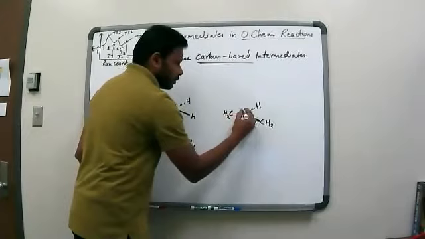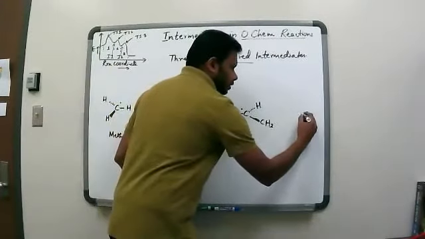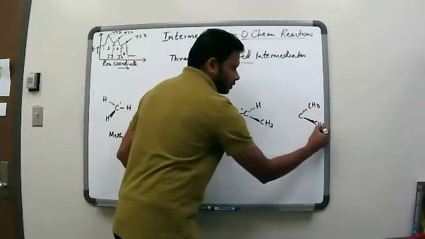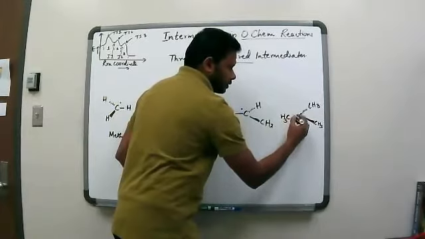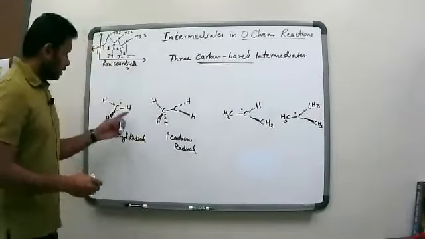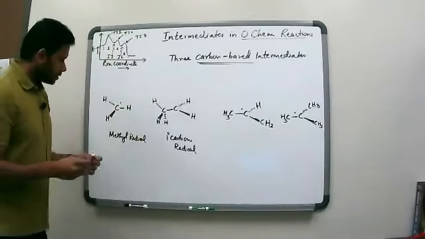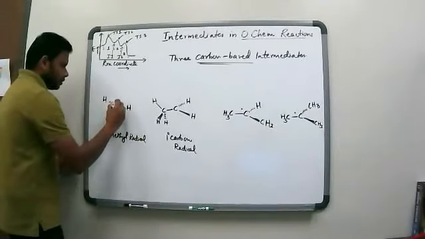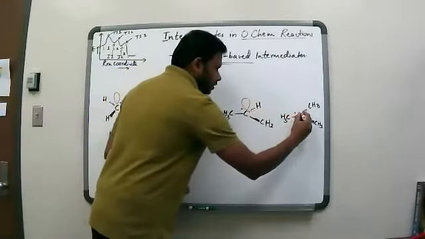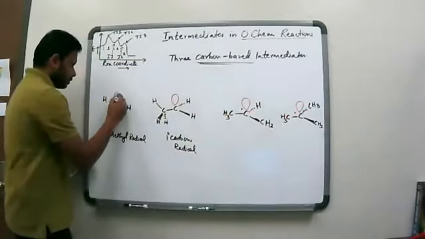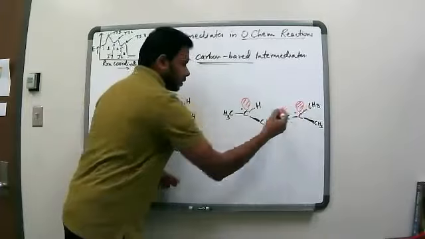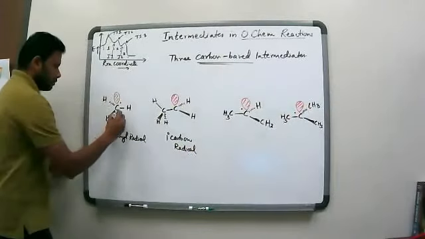We can talk about a secondary carbon radical, and a tertiary carbon radical. And since these are all sp2 hybridized, something that we already worked on, these also have an empty p orbital on those carbon atoms. So the carbon with the radical should have an empty p orbital.